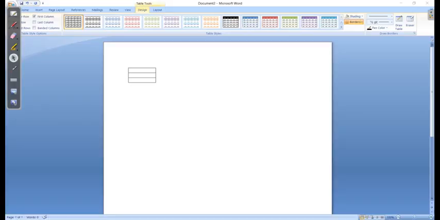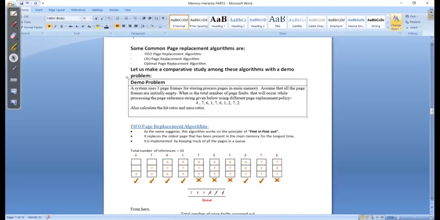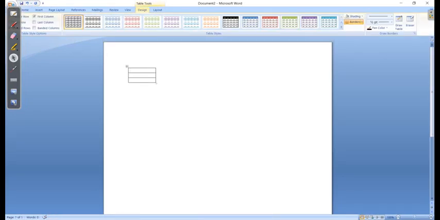Then again go back to the problem. The next assumption is that all the page frames are initially empty. It means that in your RAM, all the 3 frames are initially empty. That means if in this present condition the CPU requires some page, a page fault will essentially occur because the item is not available in the RAM.